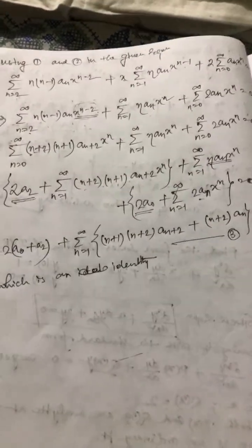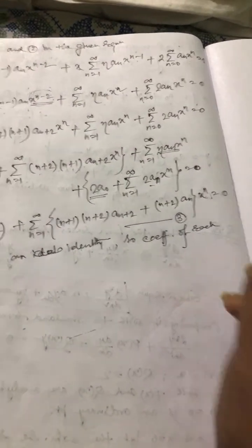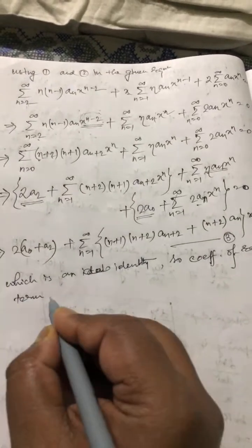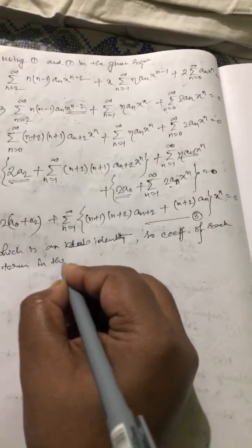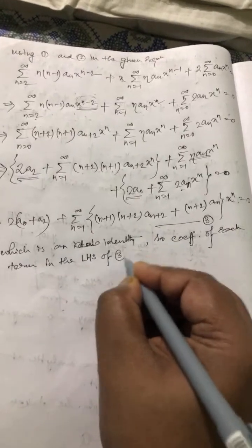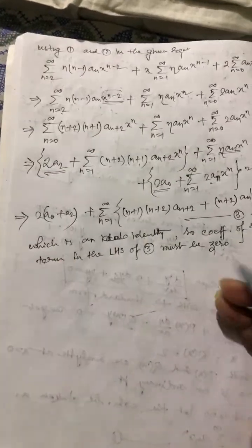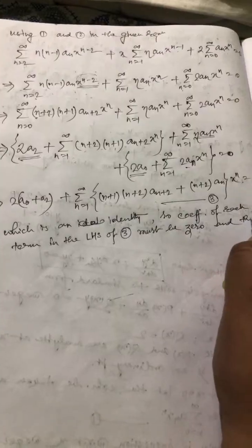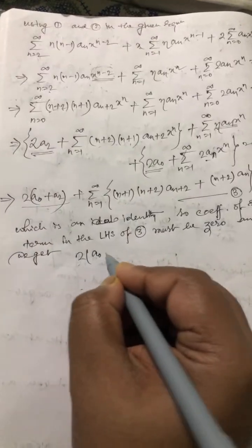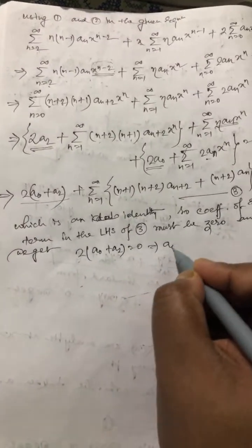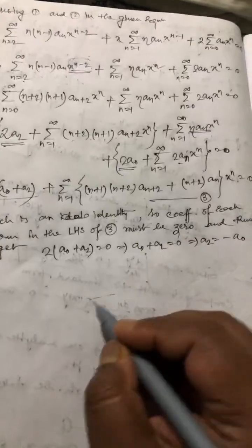So we can say the coefficient of each term in the left hand side of 3 must be 0, and thus we get this part equal to 0: 2 a0 plus a2 equal to 0, that is a2 should be minus a0.